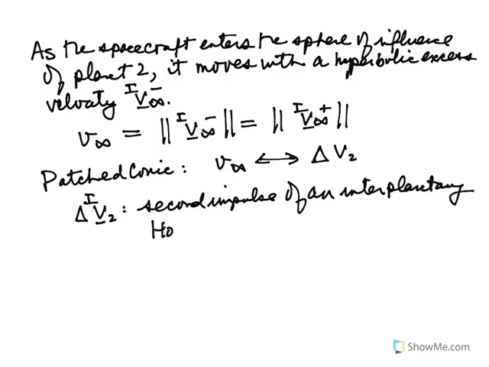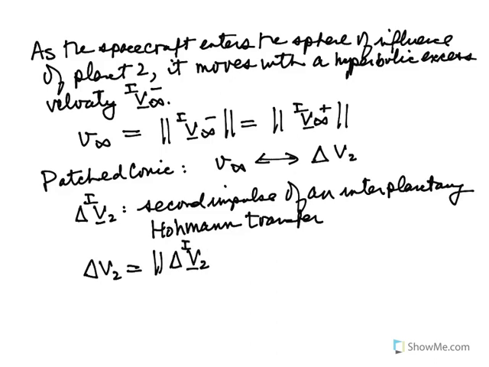And that's because, again, we're doing the exact same thing we did earlier, which is that we're matching the hyperbola and the inbound with the delta v that actually took us on the interplanetary Hohmann transfer that got us to the second planet. So that means that we're going to refer to delta v2 as the magnitude of delta v2I. That's the second interplanetary Hohmann impulse.